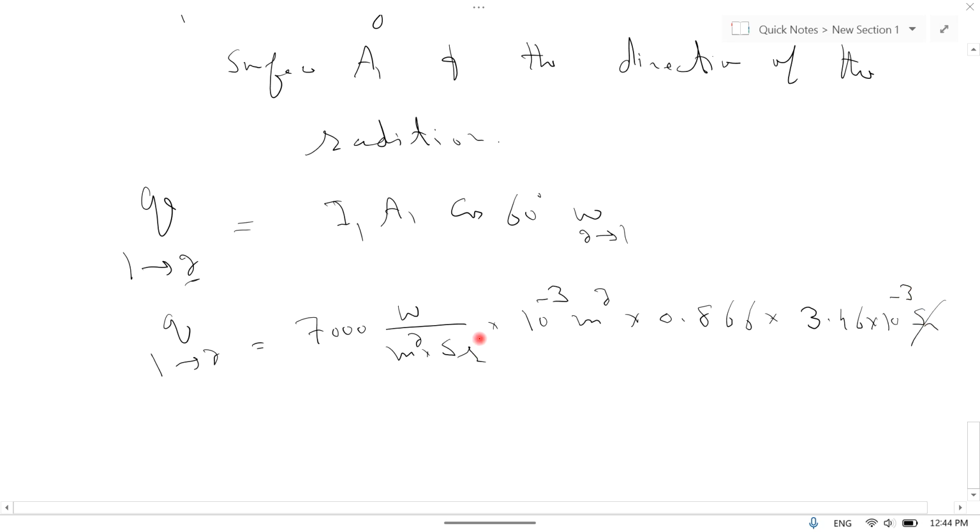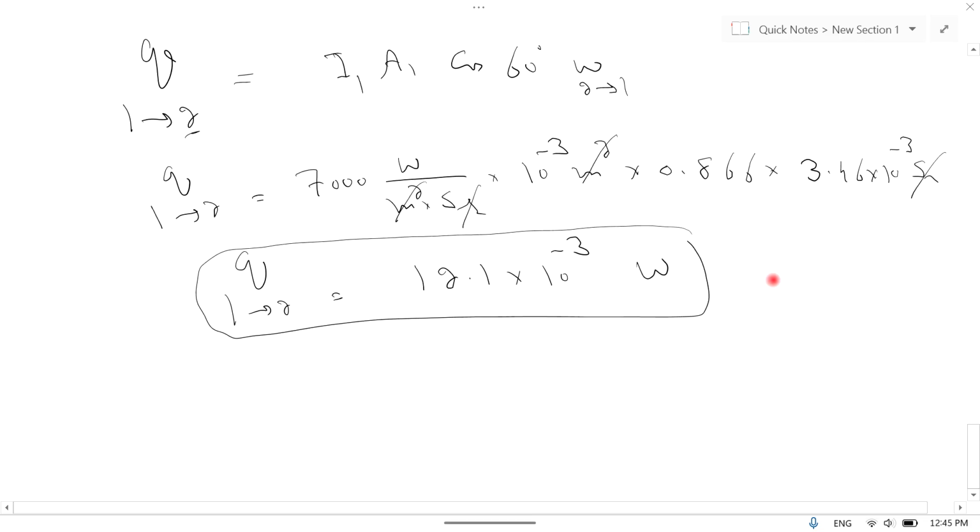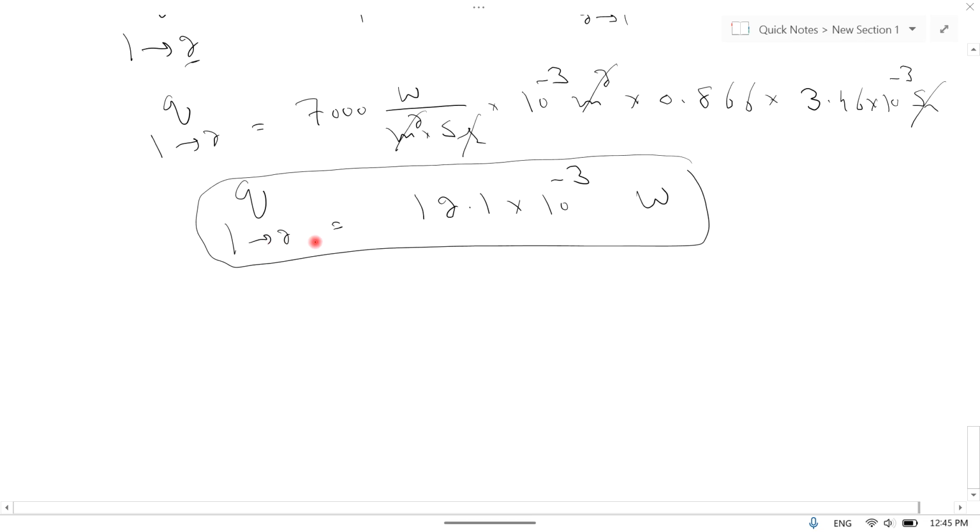Steradian will be cancelled with steradian, and square meter with square meter. The final unit will be watt. Simplifying this, Q1 to 2 is equal to 12.1 multiplied by 10 power minus 3 watt. This is the radiation emitted from surface A1 and intercepted on surface A2.